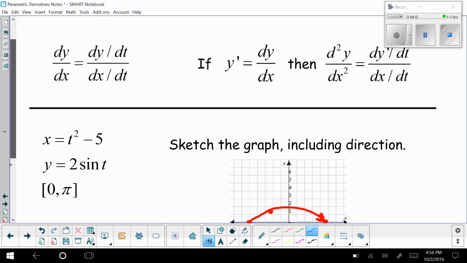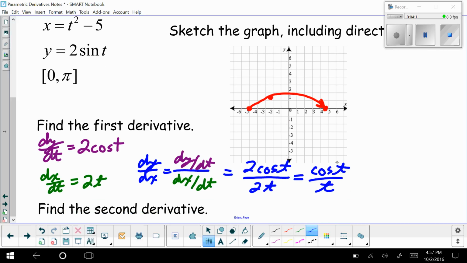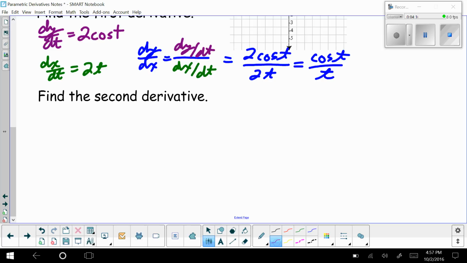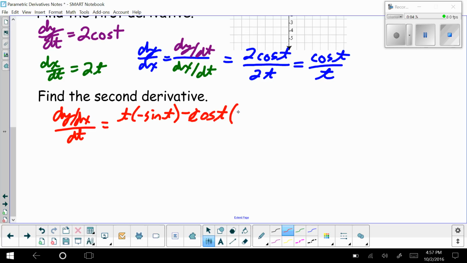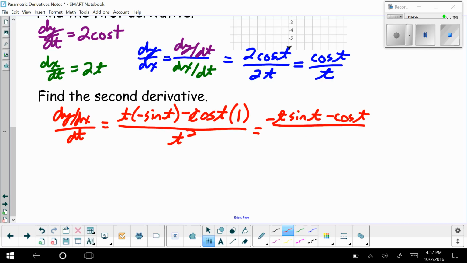So we do start by taking the derivative of dy/dx, so if I were to go ahead and find d/dt of dy/dx, I'm going to need the quotient rule: bottom times derivative of top minus the top times the derivative of the bottom, all over the bottom squared. So I'd have negative t sine of t minus cosine of t all over t squared.